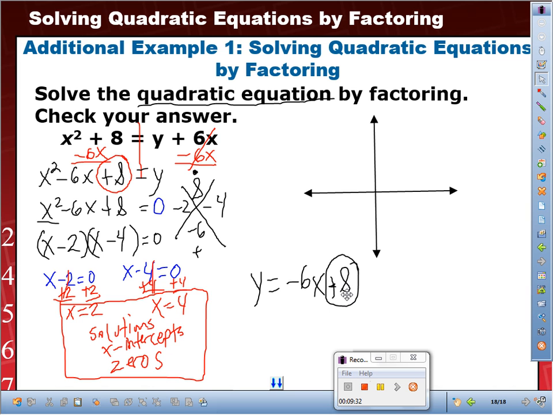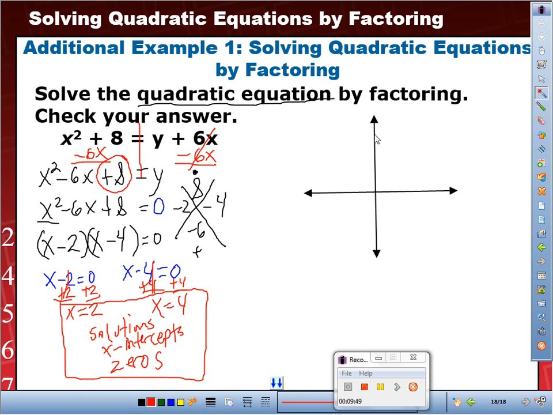What's so particular about 8? It doesn't have a variable. It's the constant. Is that correct? Look at this equation. What is the constant? 8. That's my y-intercept. So therefore, I need that one to get started with my graph. I plot 8. There it is. Do the same, please.